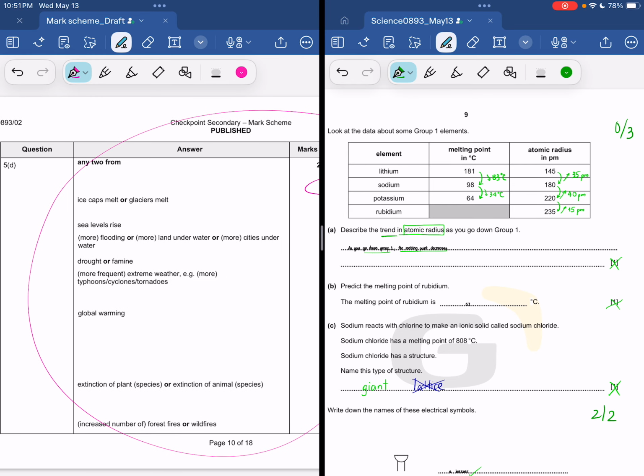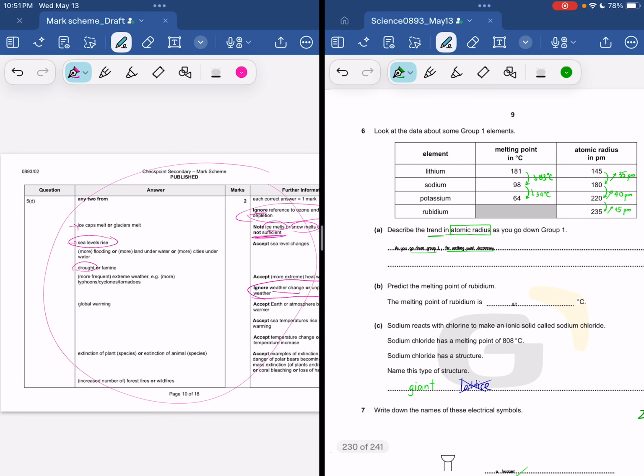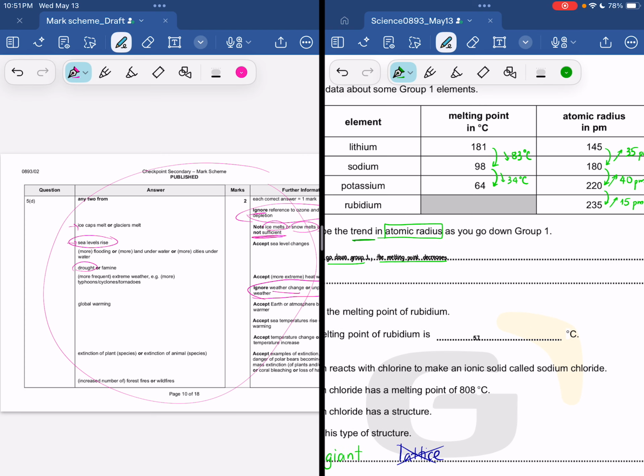But you can mention any two out of these, and that's what you did. You mentioned the sea levels, you mentioned the drought, so that should be good enough, okay? So anyway, just check the mark scheme again. Okay, let's get back to number 6 here. So again, atomic radius increases, that's what you need, okay?